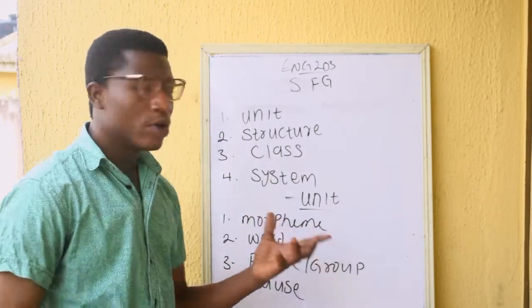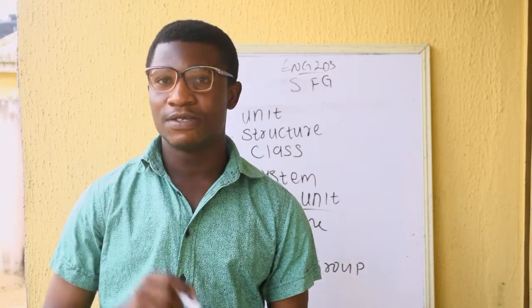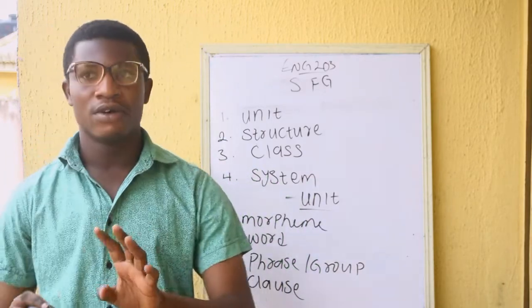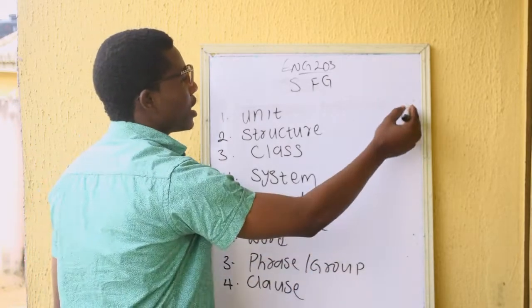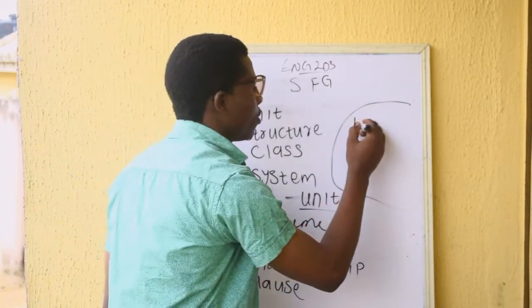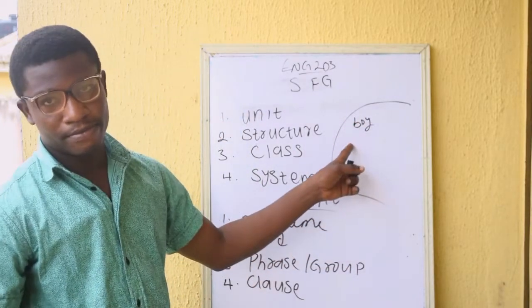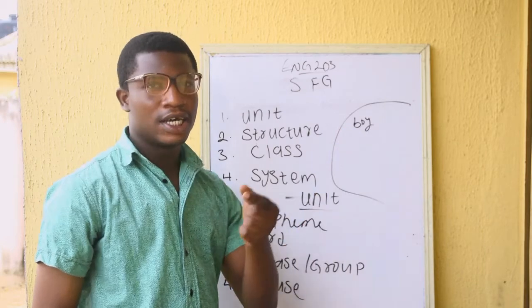Morpheme, we all know what a morpheme is: the smallest indivisible significant part of a word. For example, let's just say boy. Boy is a morpheme. Why? Because it's significant and indivisible.